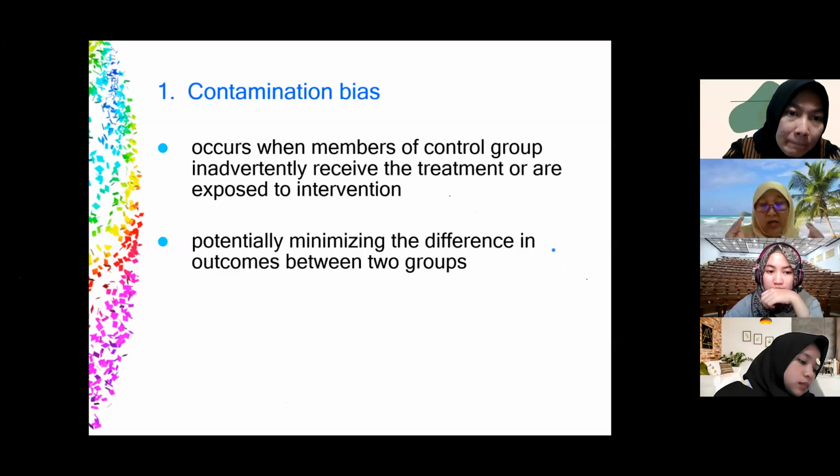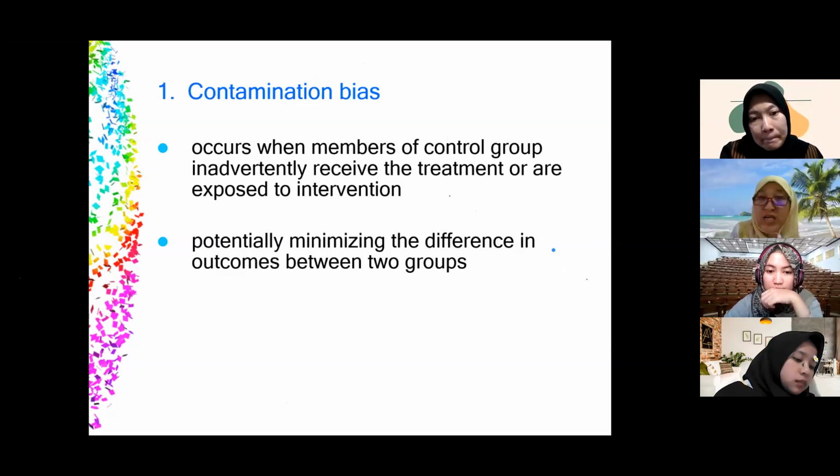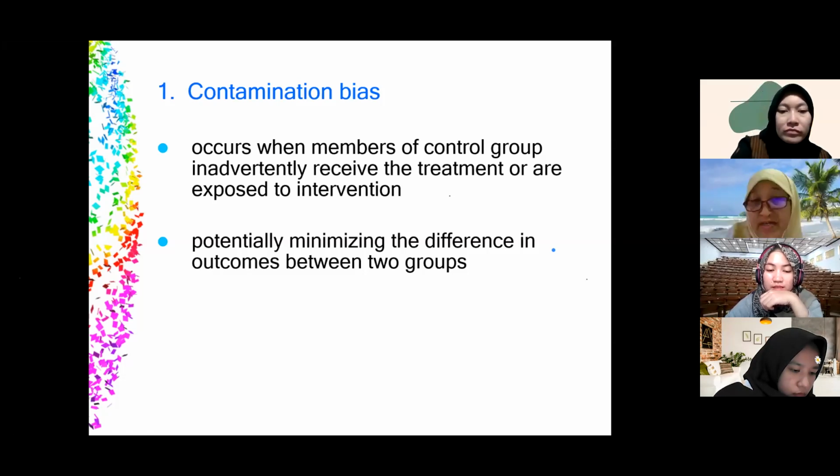Maksudnya, this paper we are reading now, they are doing an RCT. One arm is actually looking at a normal treatment or normal method or normal health promotion yang sudah ada. Normal health education yang biasa saja.